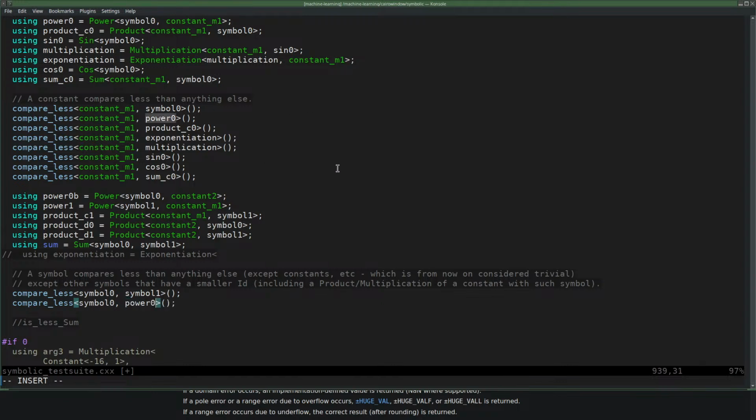Power 0. And it tests less than a product, but only if that product is again either an arbitrary product or a constant times symbol 1. Yeah, so oops. So I explicitly should test that they compare equal.